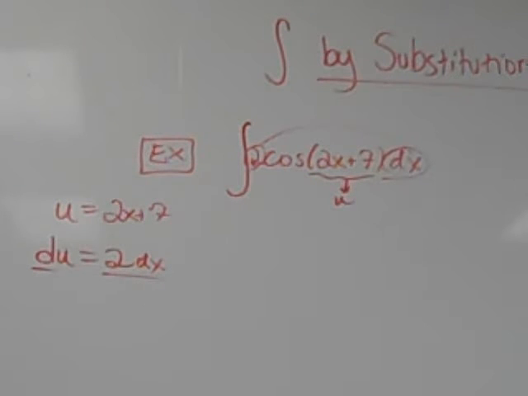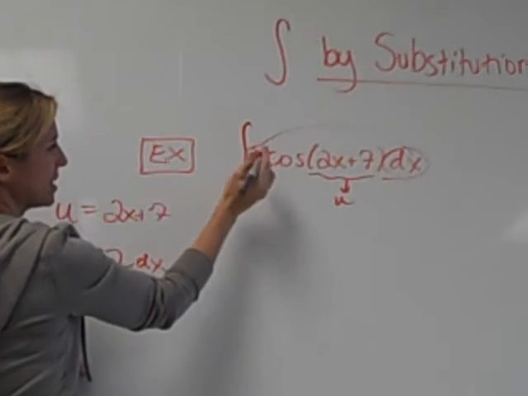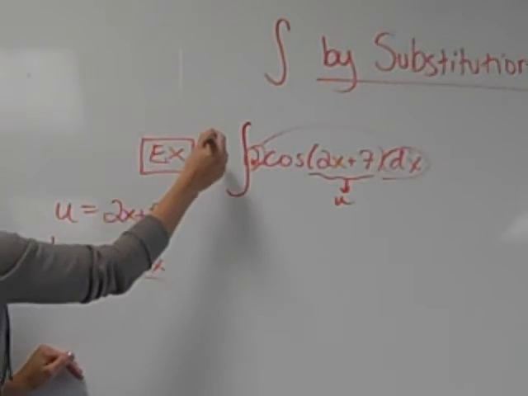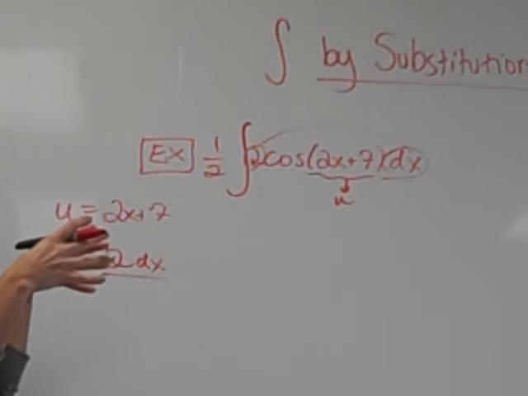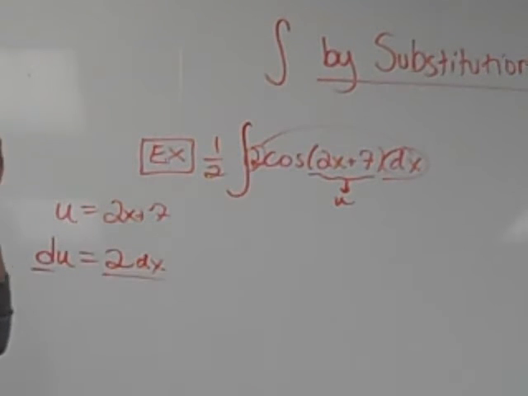But I can't just multiply a problem by 2. What can I do to make up for that? Divide by 2. So I could multiply the problem by 2 over 2, so I'm just multiplying by 1. And I'm going to take that division of 2 out to the front and make it multiplying by a half. So what I've done is I've given myself an opportunity to rewrite this in terms of a different variable that's going to be simpler.